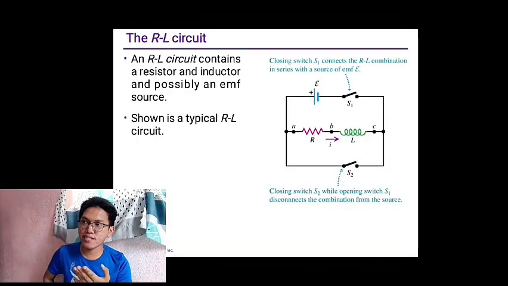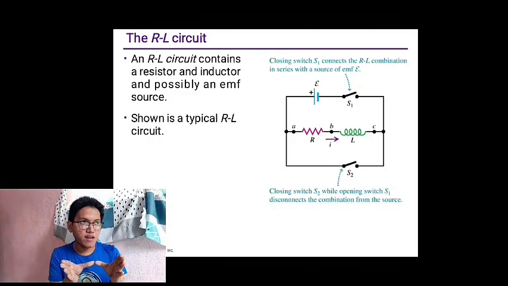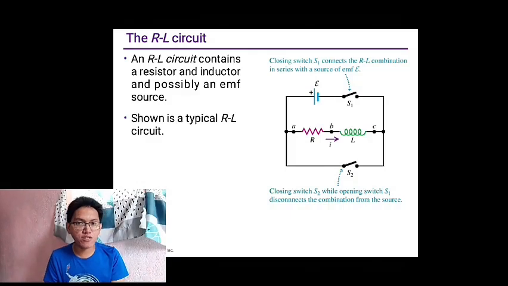When you say series, it is connected in a series; it doesn't have several branches, but it only flows in one direction. Okay, so when the switch is closed, the current does not increase instantly because the inductor opposes changes in current.